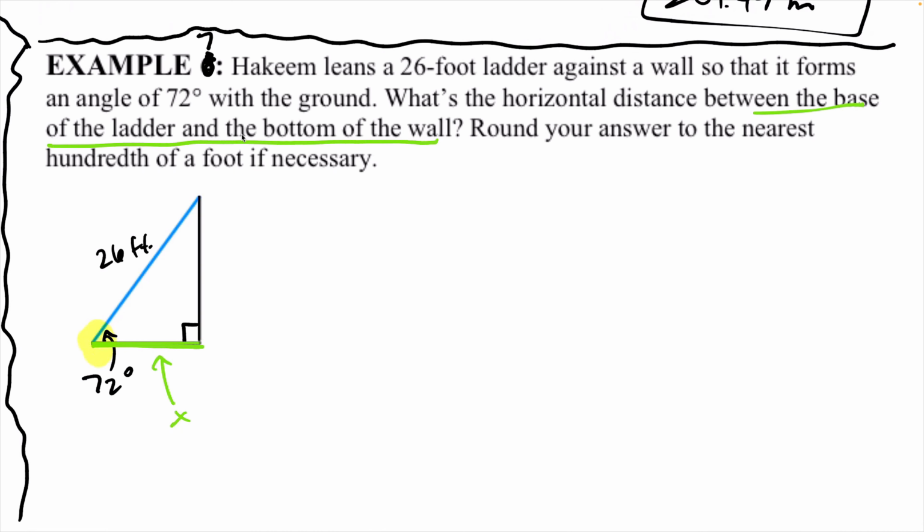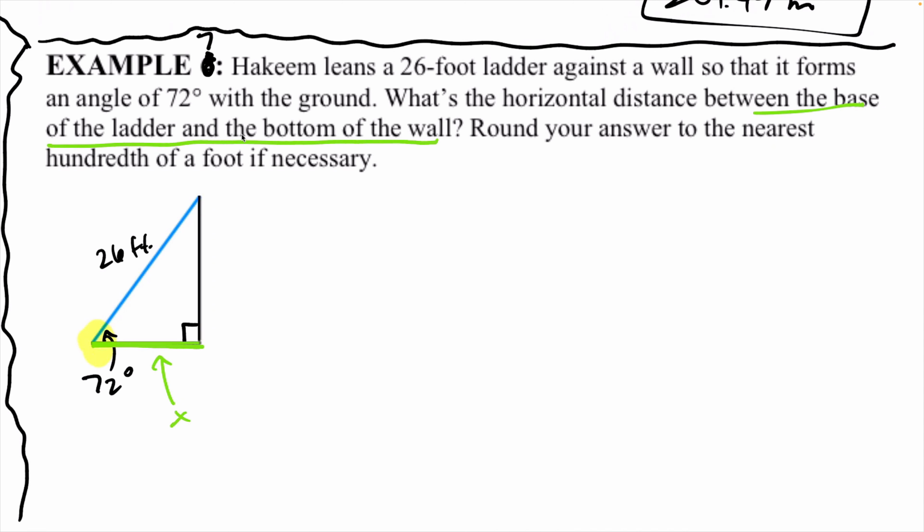where is x? Is x hypotenuse, adjacent, or opposite? So opposite would be the wall, right? Opposite would be here. Adjacent is touching, right? And what would 26 be? That would be the hypotenuse, right? So we said adjacent and hypotenuse.